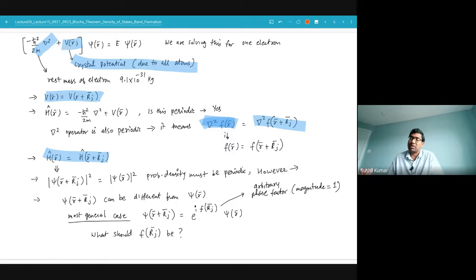That's what this means: when it acts on any periodic function in space, it gives you the same result. This maybe need not even be stated. What I want to take from this is that this whole Hamiltonian is periodic with the periodicity of the lattice.